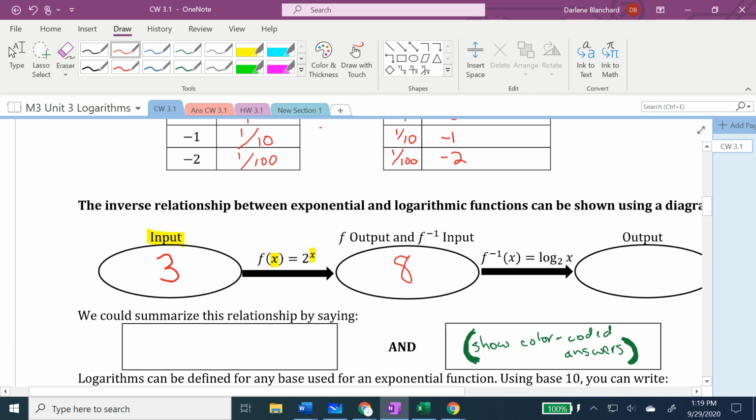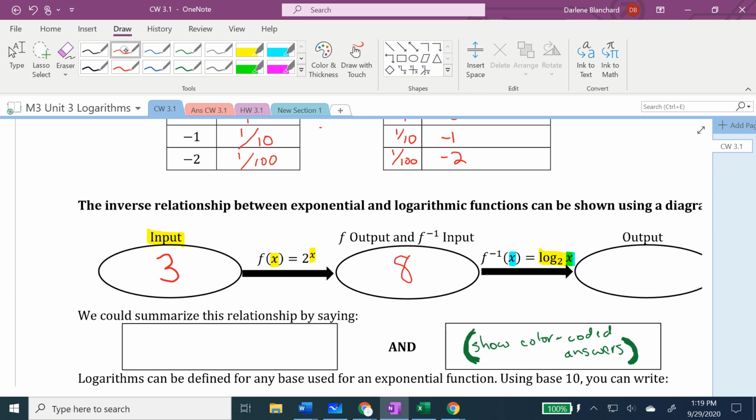Now, we are going to be working with inverses, and we did that back in Unit 1, so hopefully you're ready for this. If this really is the inverse of 2 to the x, if I put into the x of log base 2 of x, if I put in 8, what must I get out just because of who it is?